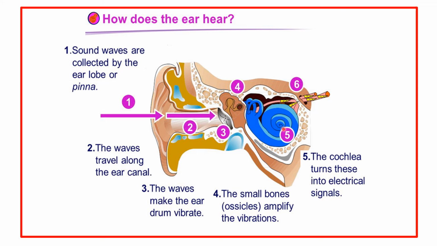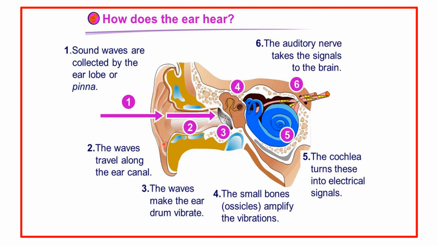And because of this part, the vibrations are being changed into electrical signals. And these electrical signals are being transmitted by our auditory nerve. So it is the nerve that is connected to the cochlea, and auditory means it refers to sound. It takes the signals to the brain, and our brain will be able to identify what is the sound we are hearing.